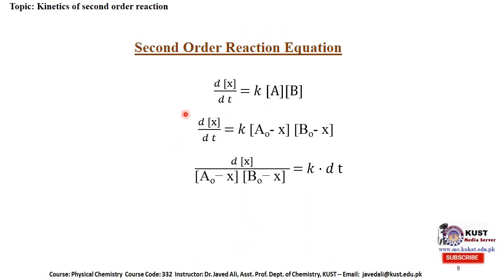So we can rearrange this equation: dx divided by dt is equal to K (A naught minus x) and (B naught minus x), to dx divided by (A naught minus x) and (B naught minus x) is equal to K dt, by shifting A naught minus x and B naught minus x to this side and dt to another side.